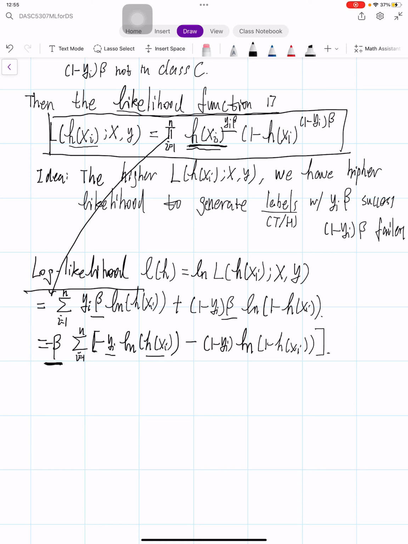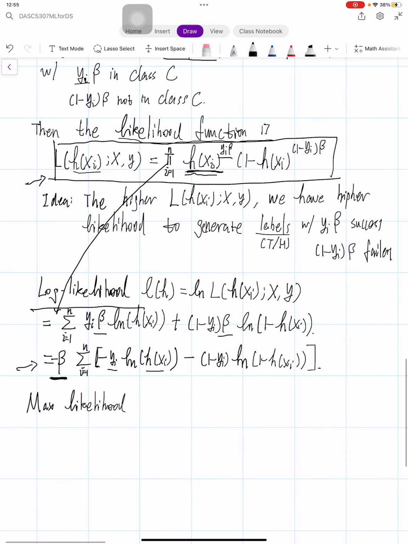So the punchline here is to maximize the log likelihood, because log transformation is a monotone transformation, so the maximizer for this one is also the maximizer for that one.